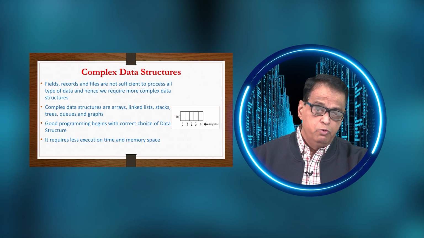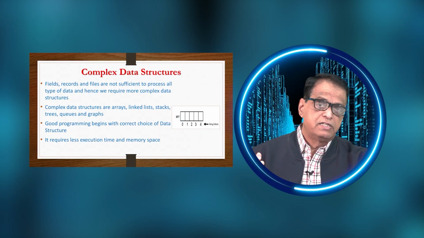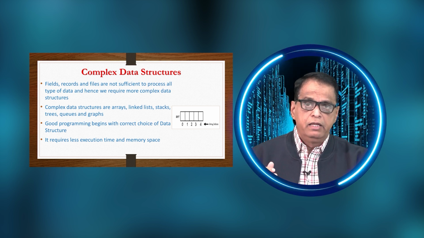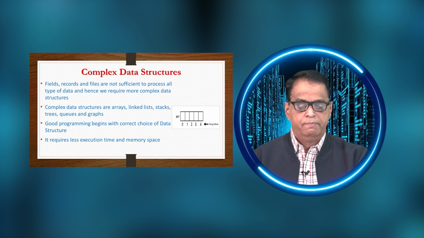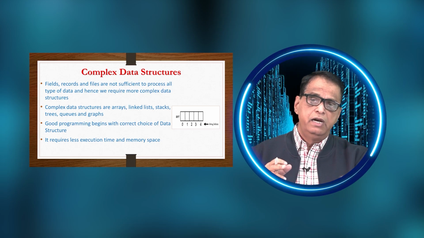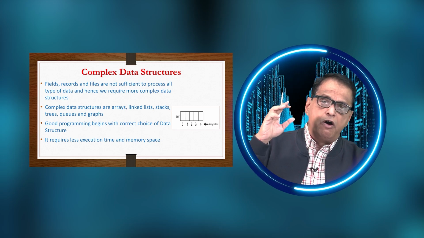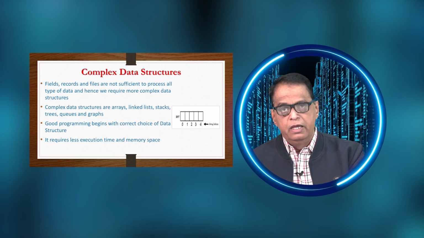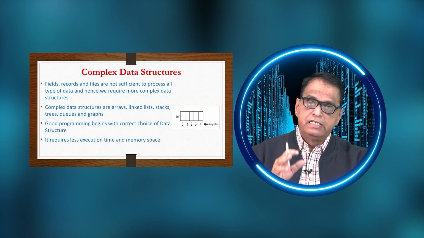You will find that you need many more complex structures, because in real life the data itself is very complex, and therefore organizing the data every time in the form of files, records and fields only is not sufficient to make efficient access to it.